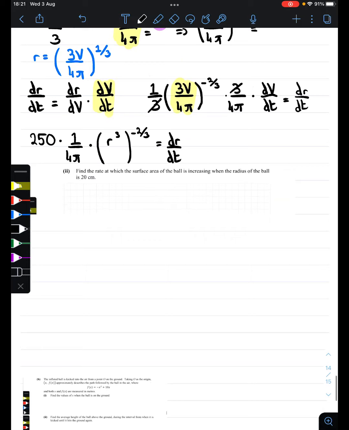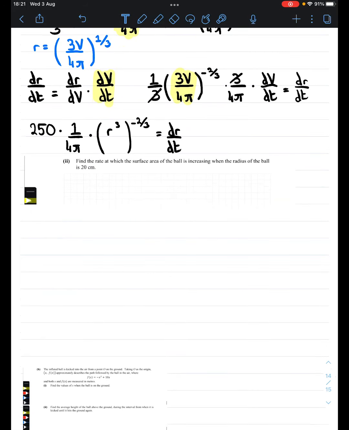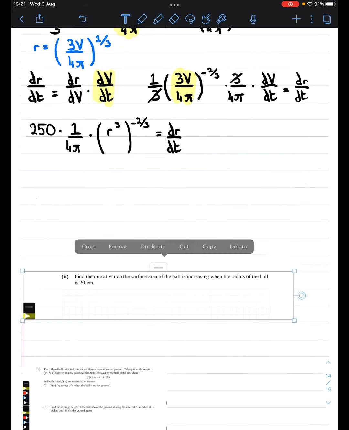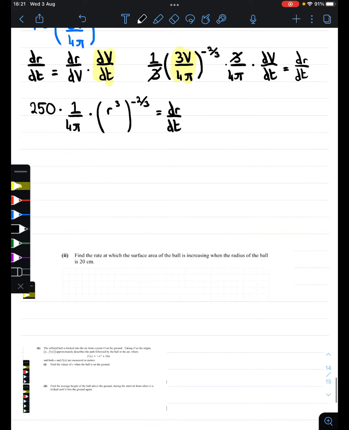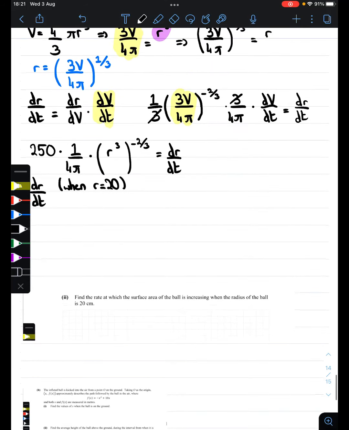Okay, and now we want to find what dr dt is when r is 20. So dr dt when r is 20, well, we just need to sub r equals 20 into this formula.